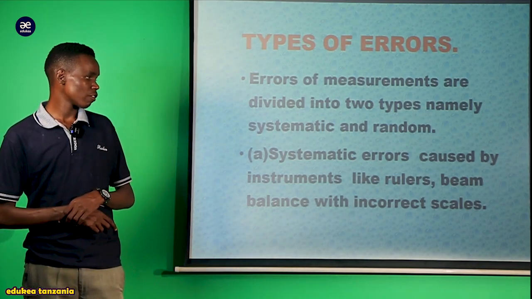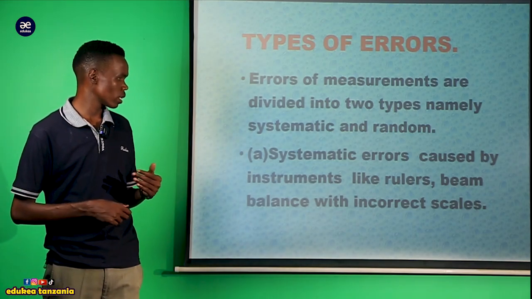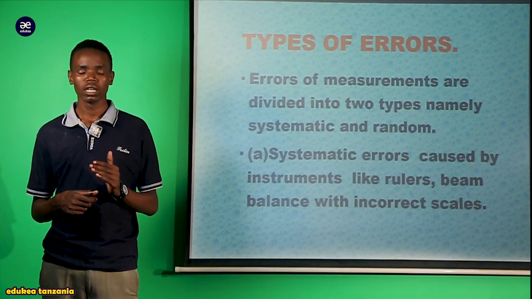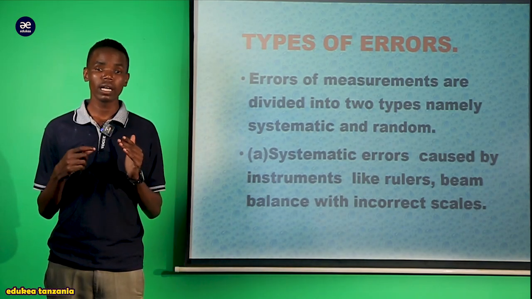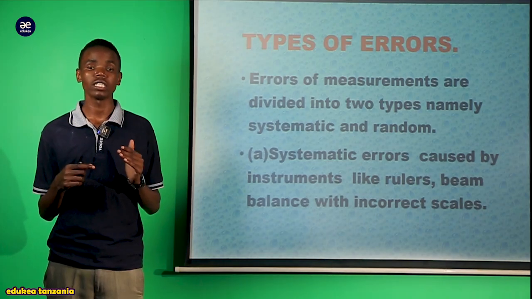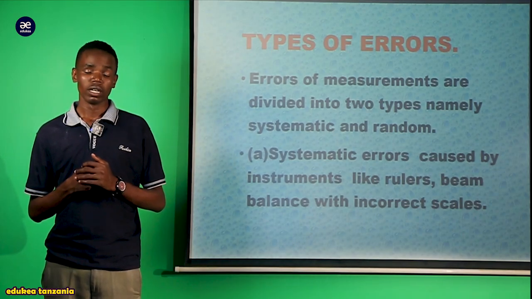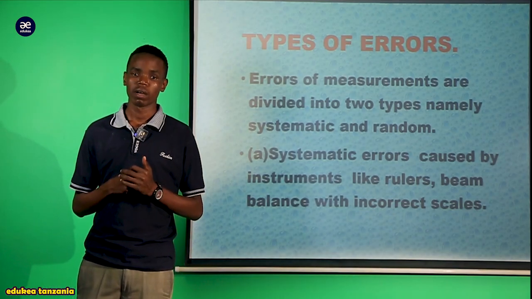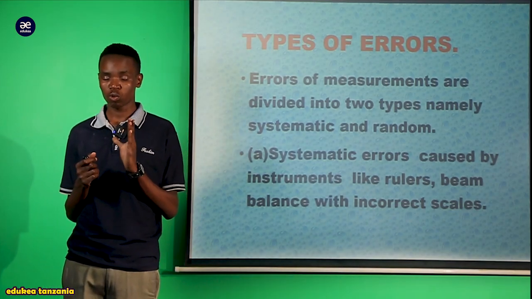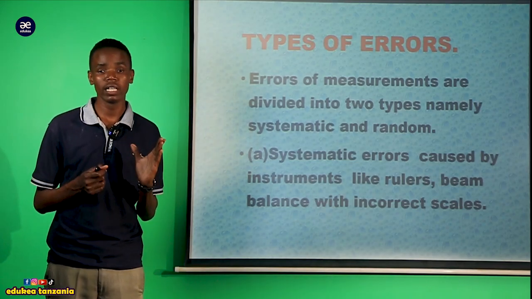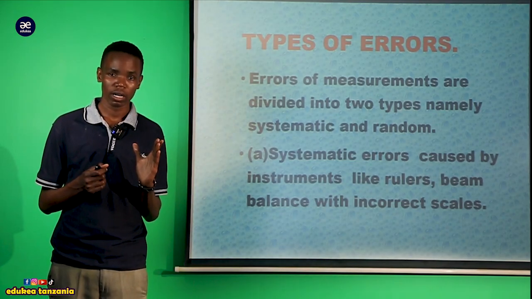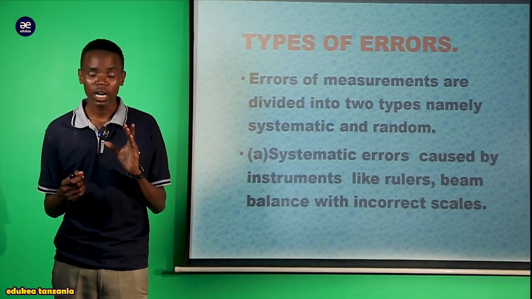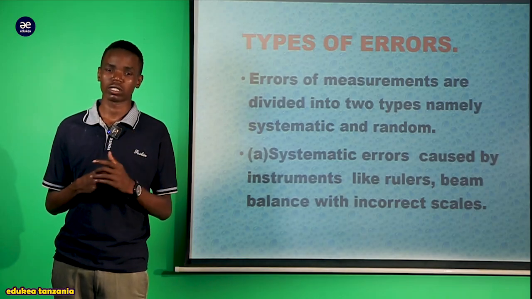So after understanding the meaning of the systematic errors, sometimes we term the systematic error as the error whose causes are known. Ni zile error ambavyo visababishi vyake vinakuwa vinatambulika. Pale unapokuwa na vifaa unachukua data, alafu ukaobtain data ambazo ni wrong. Those data occur due to known reasons or known causes.